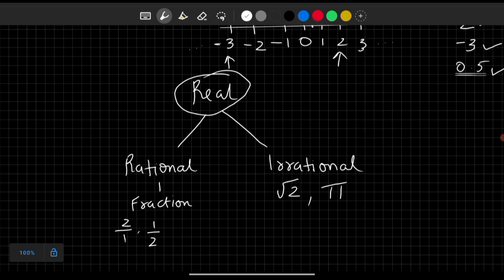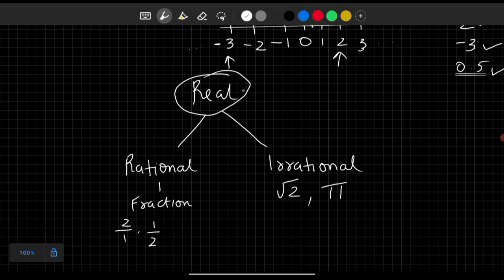So we said that real numbers are there. So in real numbers, we have rational and irrational numbers. Rational numbers are the ones that can be represented as fractions, and irrational numbers are the ones that cannot be represented as fractions. In rational numbers, we also have our integers, which means the numbers without decimals, like -1, -2, 0, 1, 2, 3, and so on.